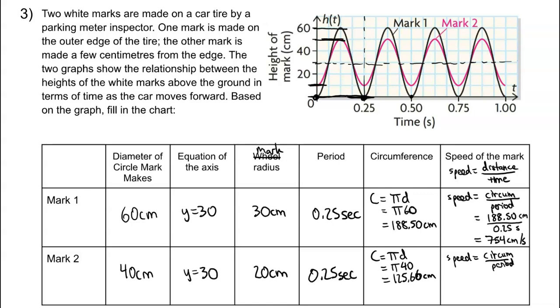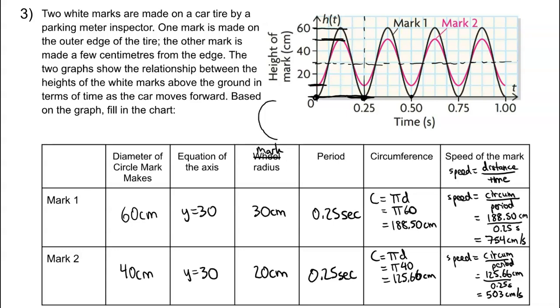And because it's more inside on the wheel, it's going to move slower. So we have a circumference that's smaller divided by the same period as the other value. And so we end up getting a value of 503 centimeters per second. Again, 5.03 meters per second if you were to do that.